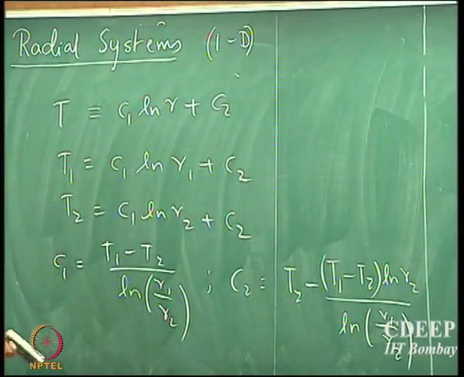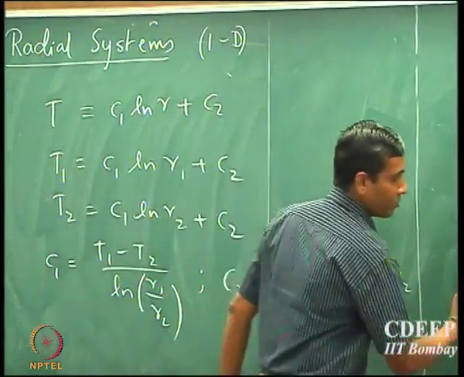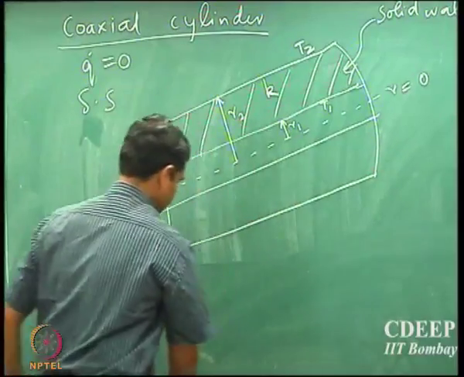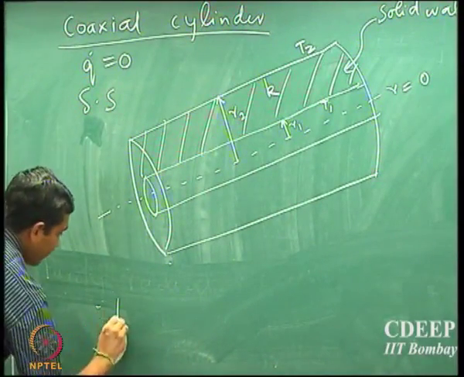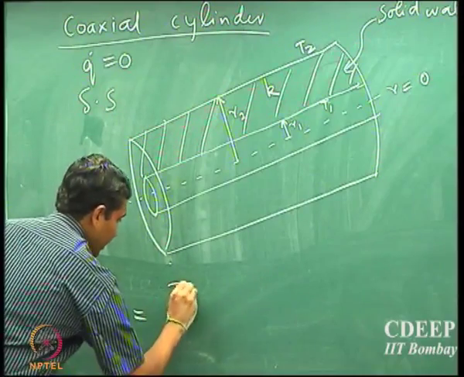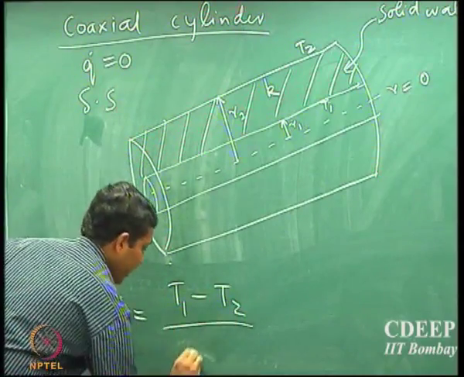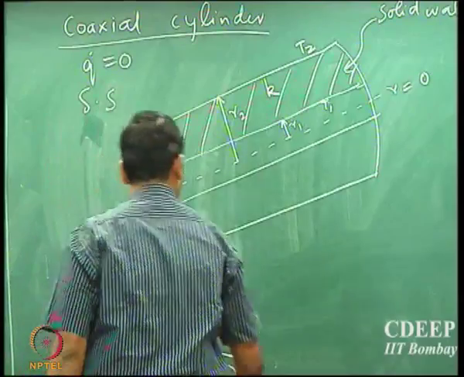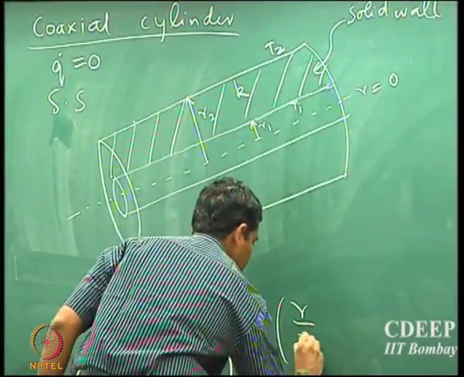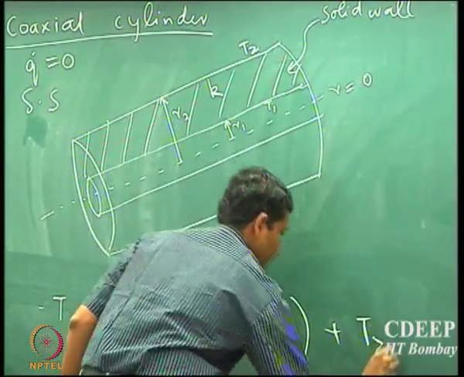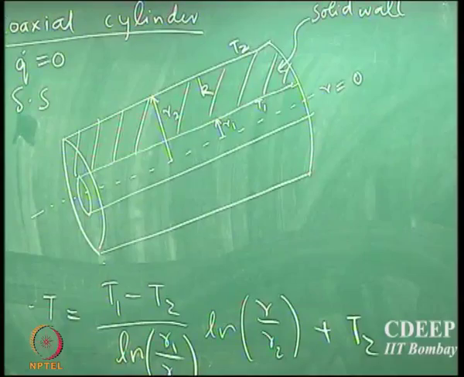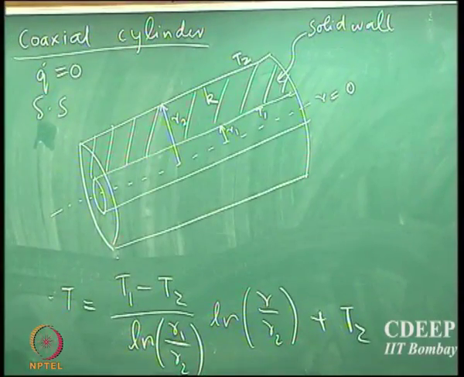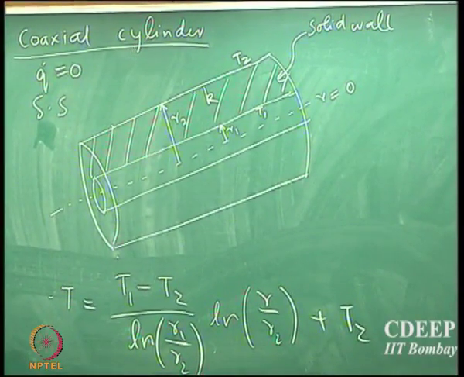So when we substitute, the temperature distribution T is given by (T1 minus T2) by ln(R1 by R2), multiplied by ln(R by R2), plus T2. All I have done is substitute these constants into the general solution of that equation, and this is the temperature profile.